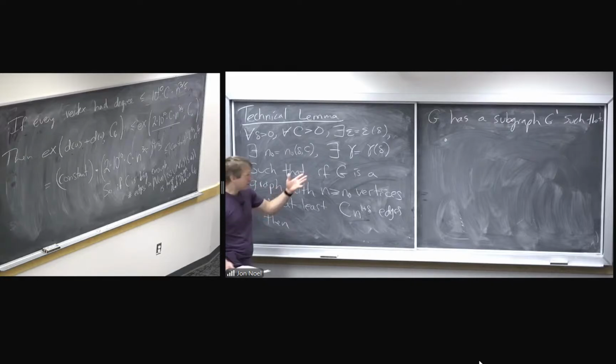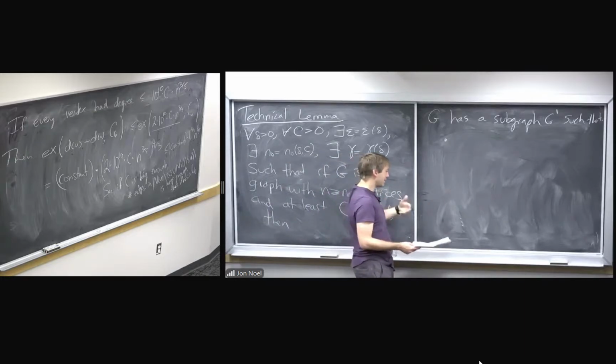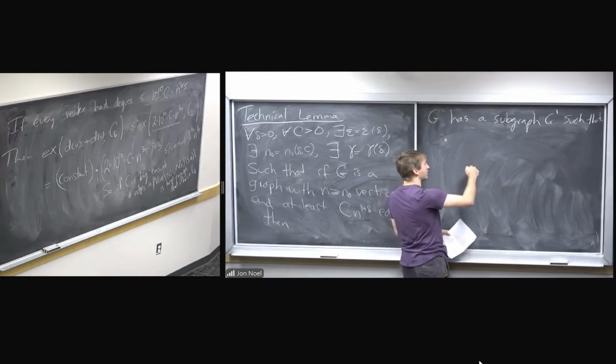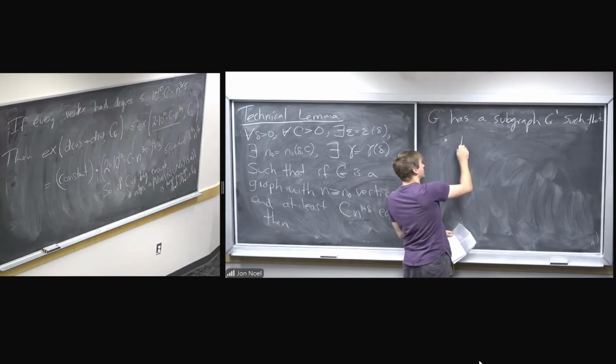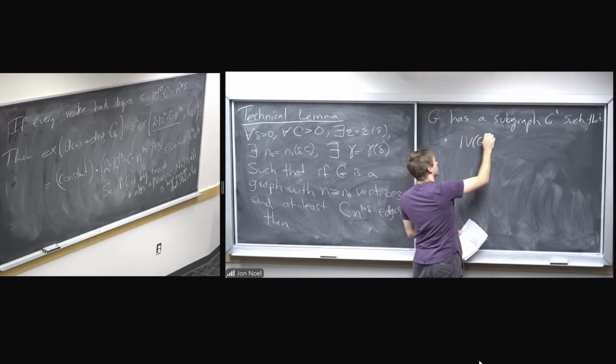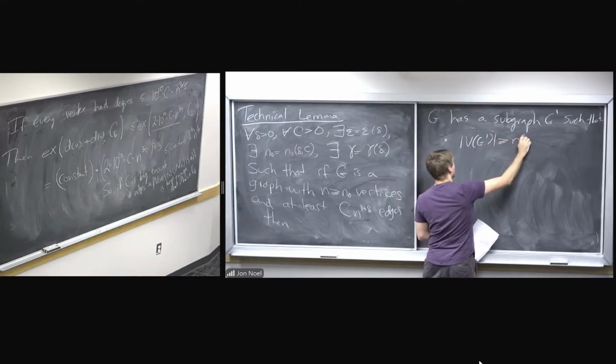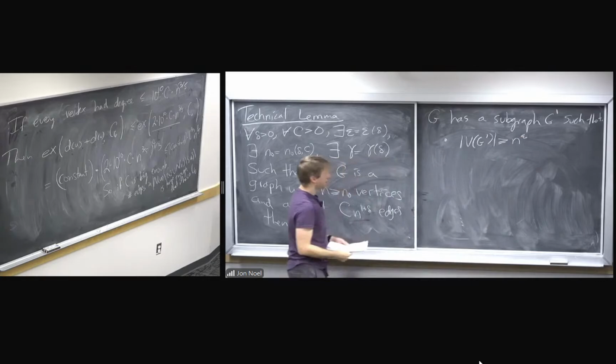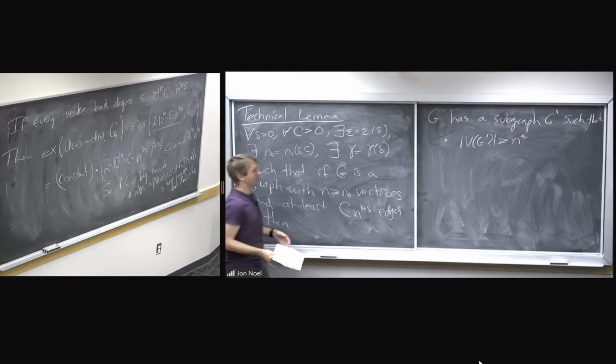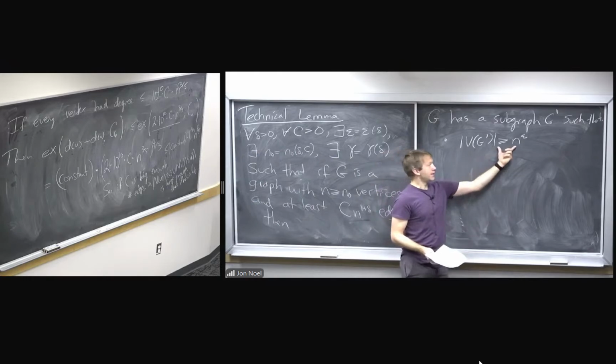And also we want G prime to have at least some vertices. We don't want G prime to have 1 vertex or something. So in particular we can get that the number of vertices in G prime is at least n to the epsilon. So if we started with a very big graph G, G prime is also very big. It's smaller, but as n goes to infinity, it goes to infinity.